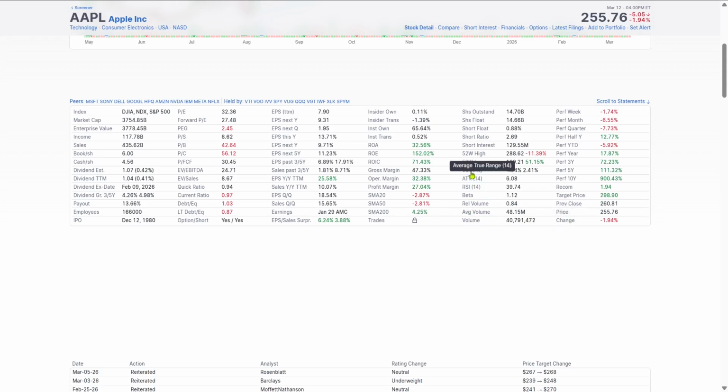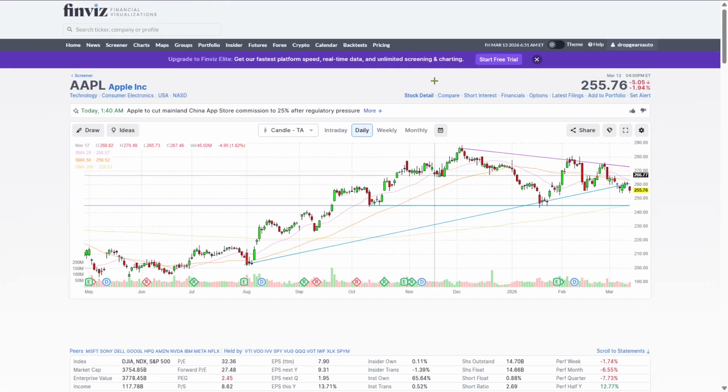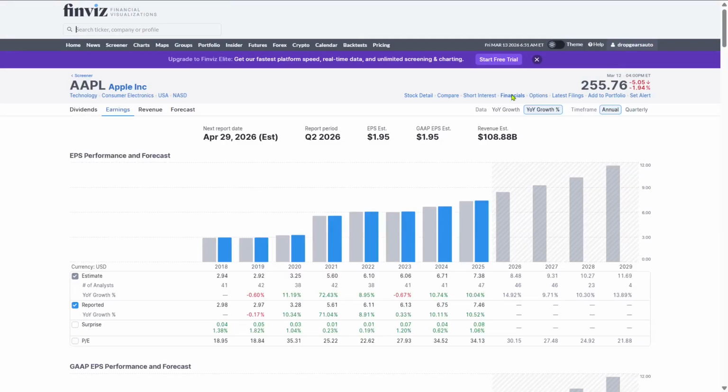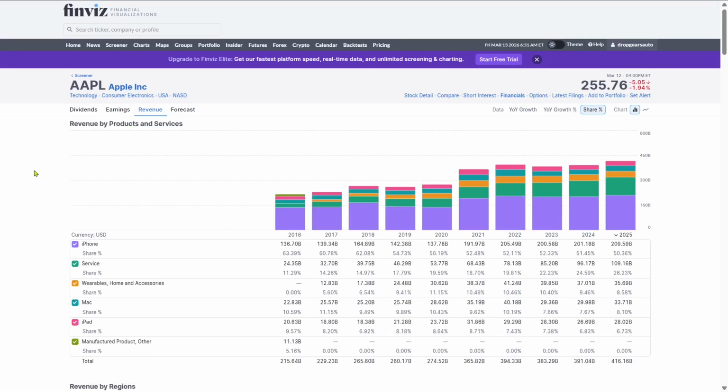Revenue and sales mix. To understand where the money comes from, click the Financials tab, then Revenue. Analysing the last 10 years of data reveals iPhones account for roughly 50% of total sales. Services account for roughly 25%.